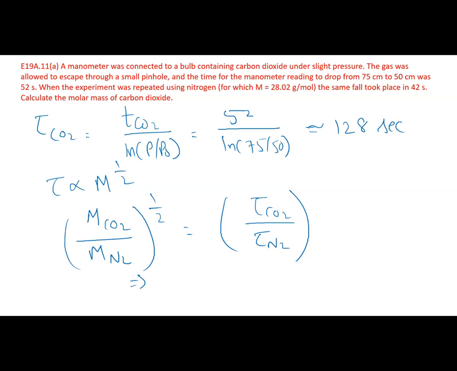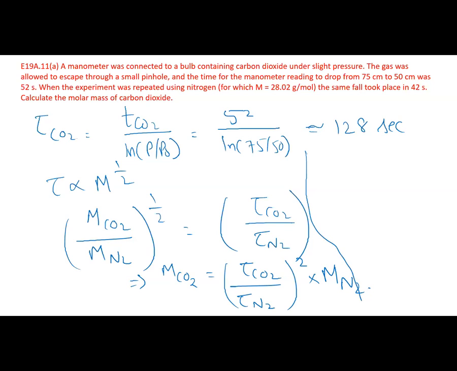Again, getting the molar mass of carbon dioxide on the left hand side, the rest of the term becomes tau of CO2 over tau of N2, whole squared, times the molar mass of N2. Just doing the math, 128 seconds divided by 104 seconds, whole squared, times 28.02.